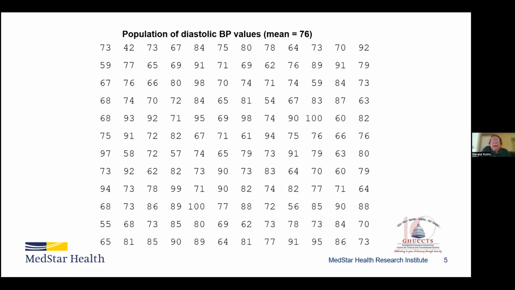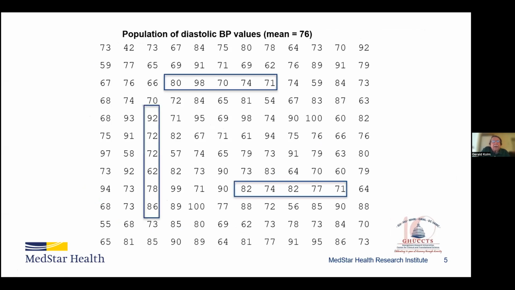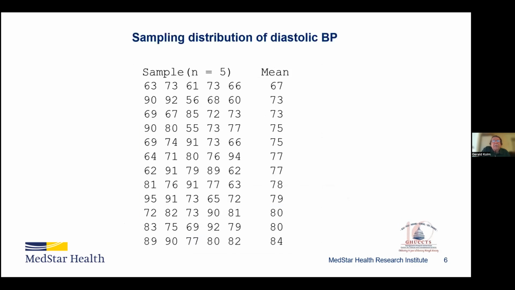And so I had this set of diastolic blood pressures. The basic idea of infinite sampling here is that we could draw a number of random samples from the population.